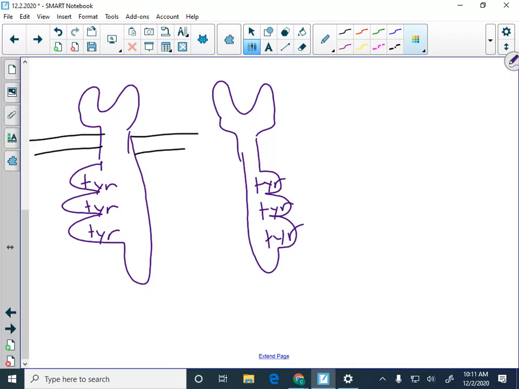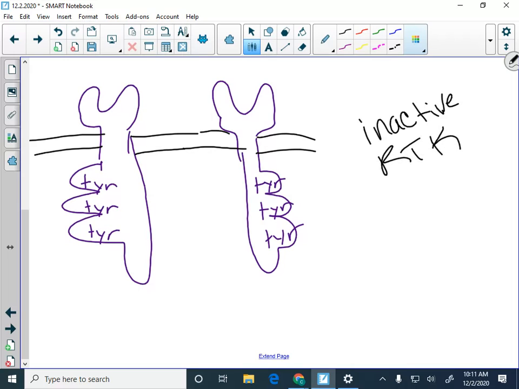I will get better once I get my bearings. So, these are inactive receptor tyrosine kinase monomers. How they are in their natural form, nothing to worry about.